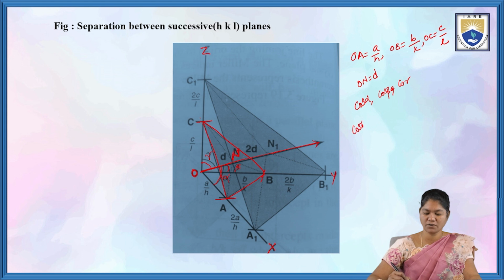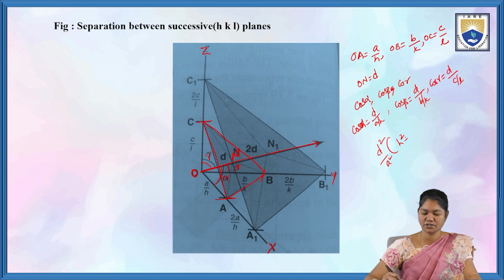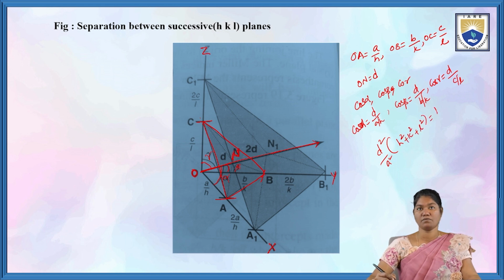Cos alpha is equal to D by A by H, cos beta is equal to D by B by K, cos gamma is equal to D by C by L. Then we took the direction cosines, so that D square by A square into H square plus K square plus L square is equal to 1.